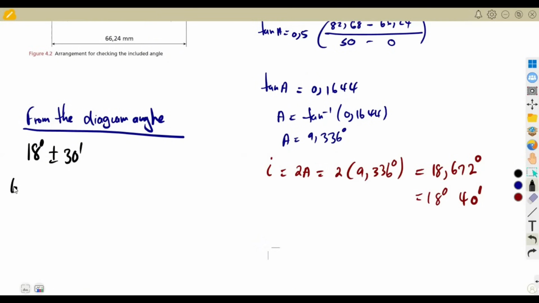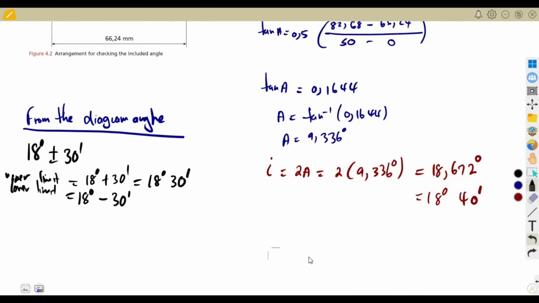We are going to have the lower limit and the upper limit, where our answer is supposed to lie. You can even start with the upper limit, which is when you add. So that will be 18 degrees plus 30 minutes. Guys, if you add 30 minutes to 18 degrees, it just remains 18 degrees, 30 minutes. But now we get to the lower limit, which is going to be 18 degrees minus 30 minutes. Remember that a degree is equal to 60 minutes.